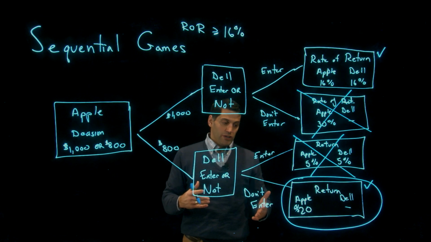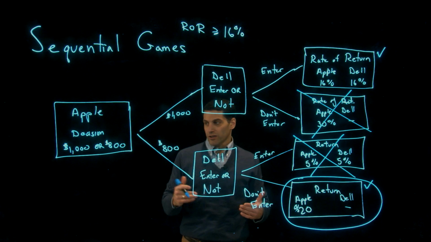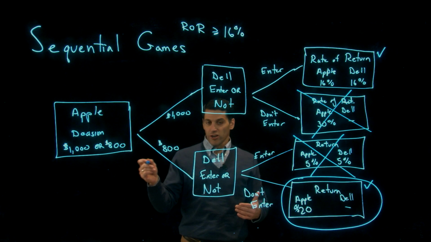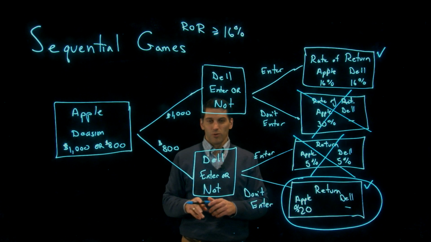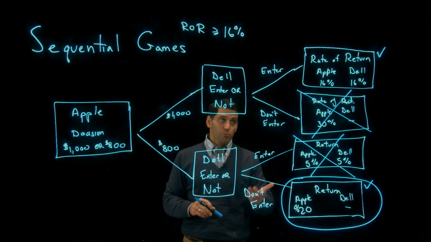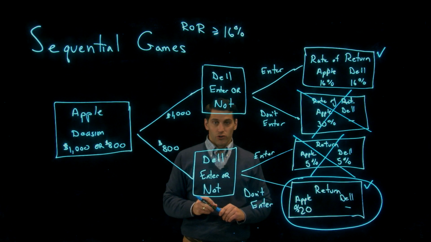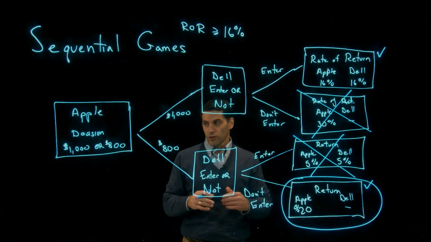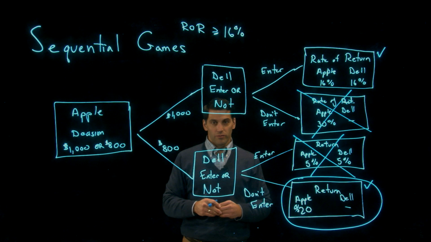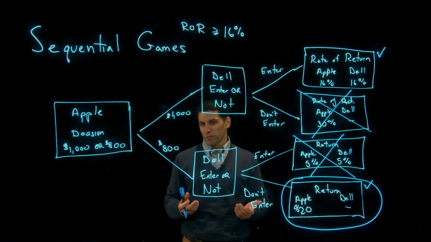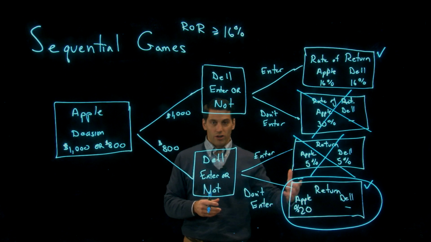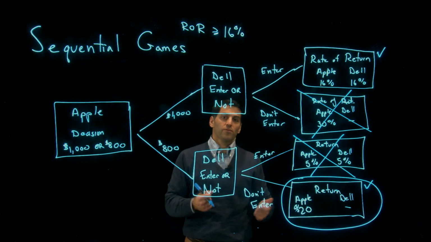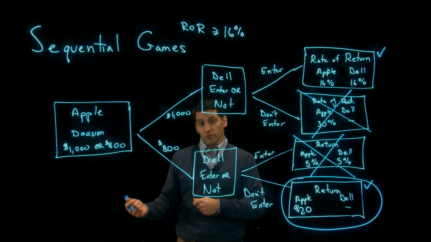Now, of course, we're making the assumption here that each player knows the payoffs, not just to themselves, but to the other players as well. And then Dell might have some ways of trying to get around this kind of scenario. And so in class we're going to talk about things like commitment mechanisms. Is there a way for Dell to try to change the outcomes in the end by committing up front to entering the market, by making some initial investment?